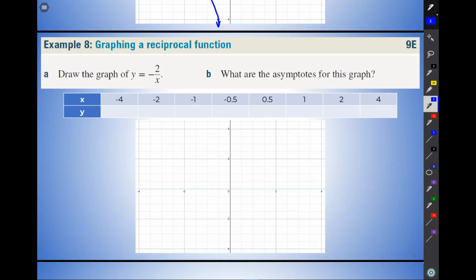Let's have another go of this example where we've got the same thing, we've just got the minus at the front. So everything is going to be the other way around. Now we fill everything in exactly the same as we did last time.